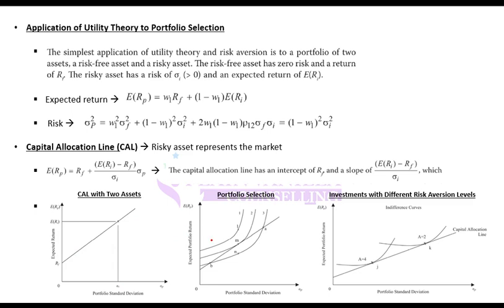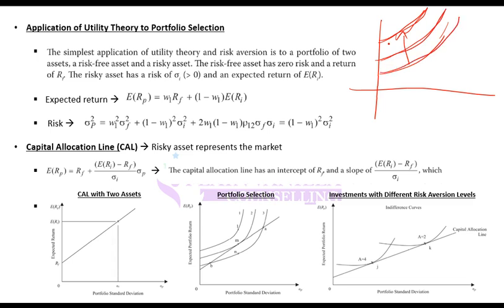Now recall from our earlier discussion, what we discussed was that any investor would want to go to the highest indifference curve, correct? So let's say there is an investor who has these indifference curves. Any investor would want to go to the highest indifference curve, so he would want to operate here. Let's say this is the curve which shows a combination of 20% return with 5% risk.